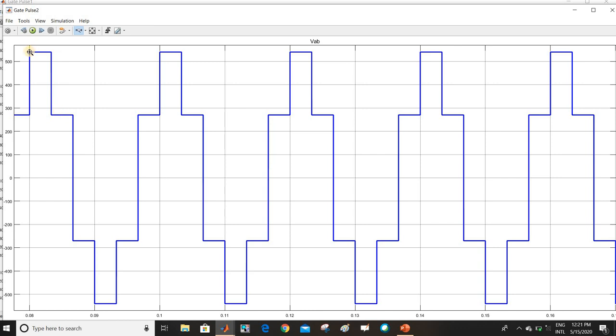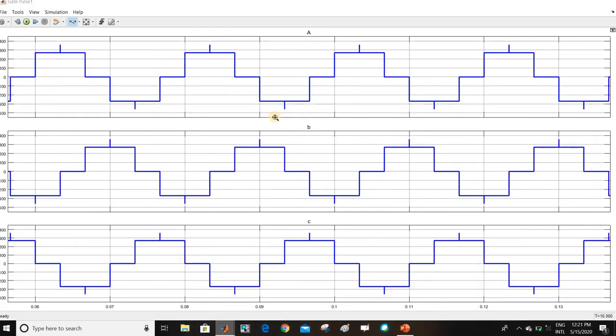You can see here, this is your 0 to 60. We are getting 540, 270 plus 270. For 60 to 120 we are getting 270 minus 0, that is 270. VA minus VB. For 120 to 180 we are getting 0 minus 270, so it is coming minus 270. Next, the 180 to 240 span. What will we get?